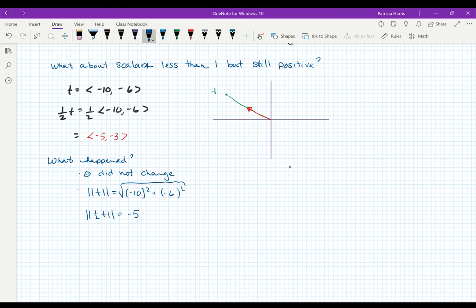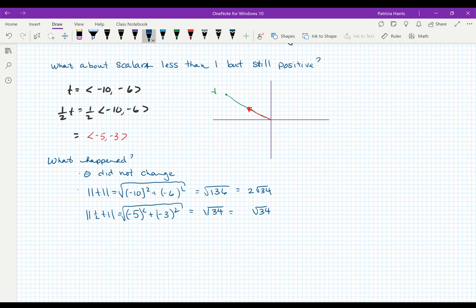And let's see what happened. So this would be 136, which if I simplify that is 2 square root 34. And hey, look at that. It's half of it.